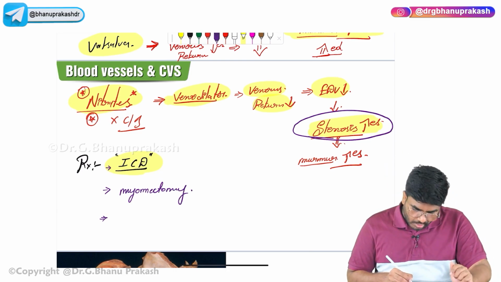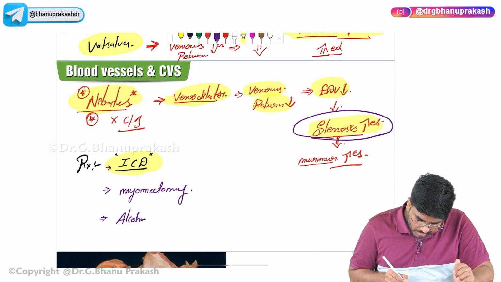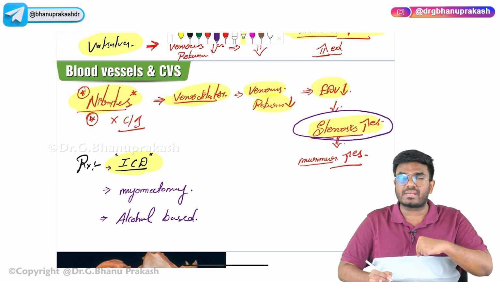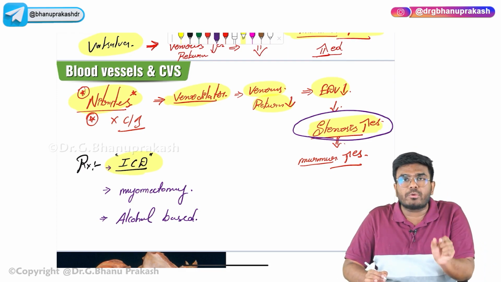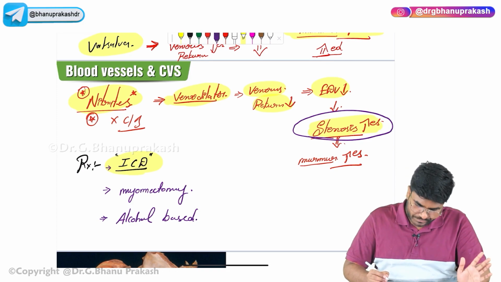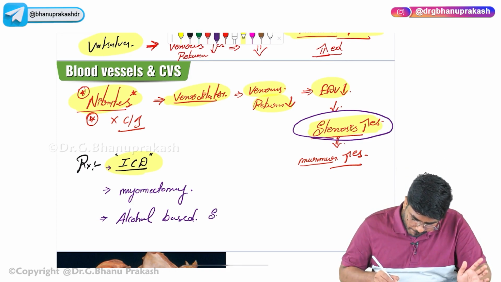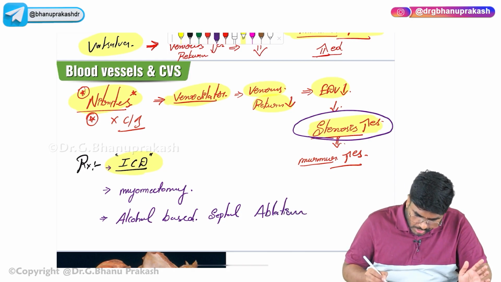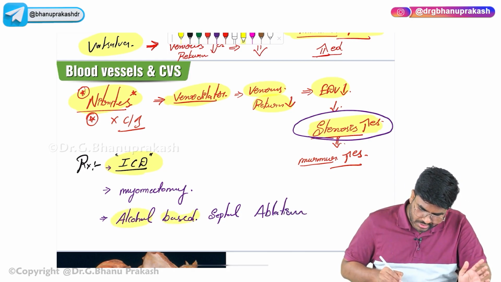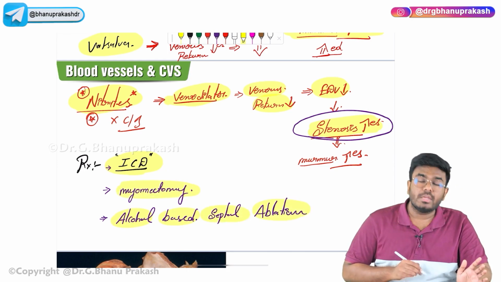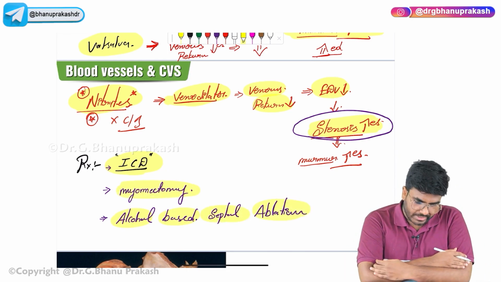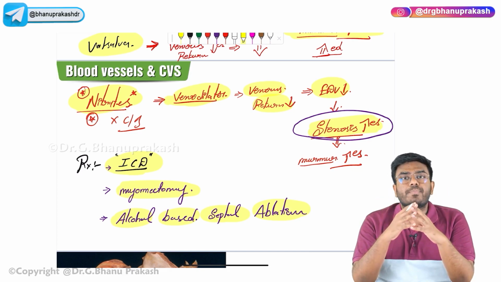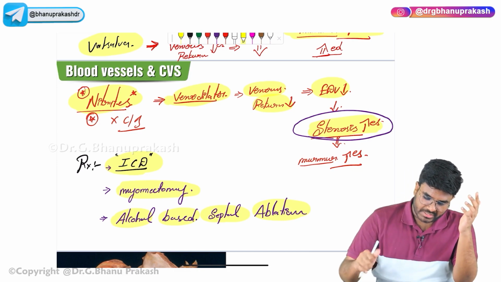Or you can do alcohol-based septal ablation. You inject alcohol directly into the septal muscle, so that the extra myocytes undergo apoptosis and die. This can also be used in the treatment of HOCM. So HOCM is treated with implantable cardioverter defibrillators, myomectomy, or alcohol-based septal ablation.